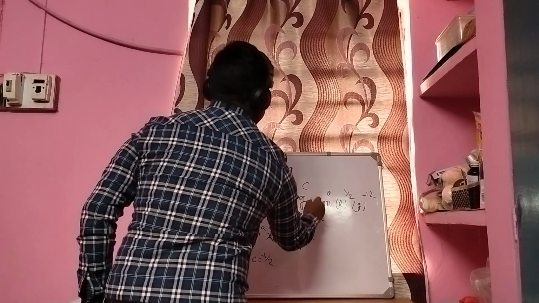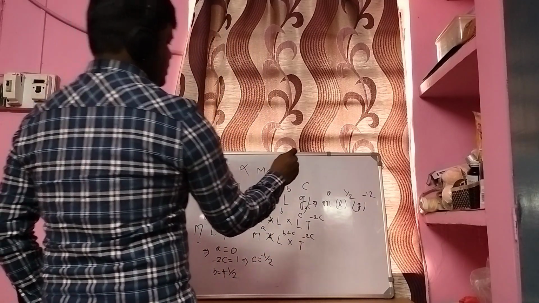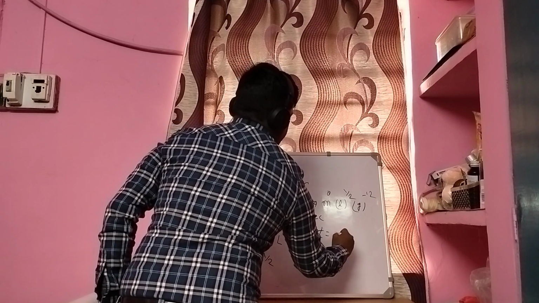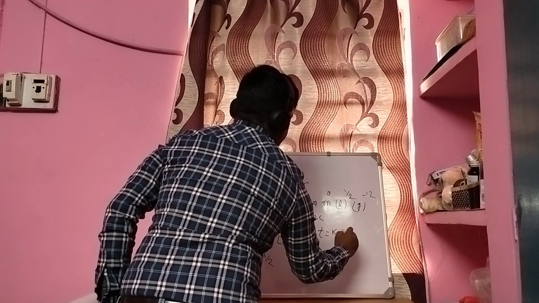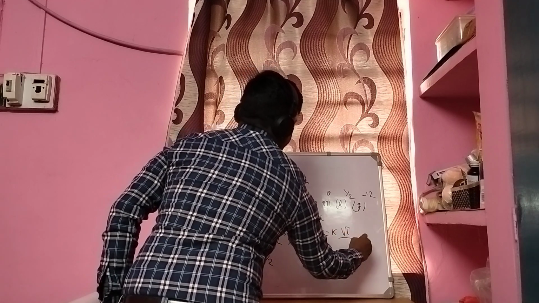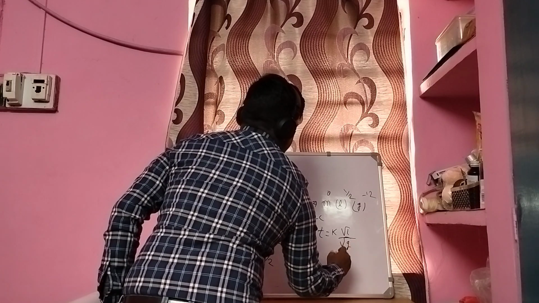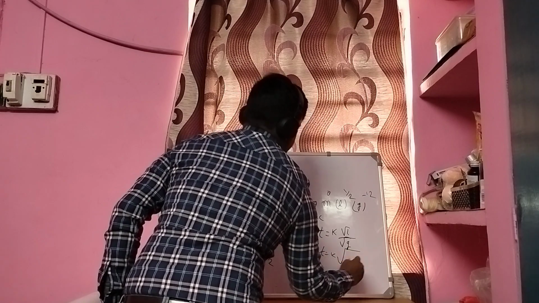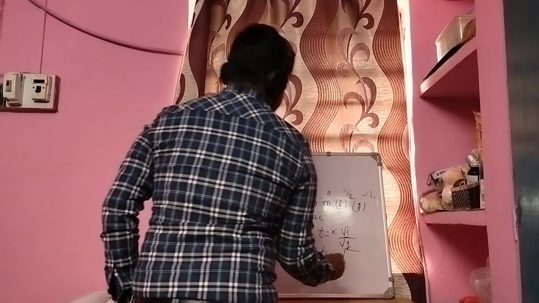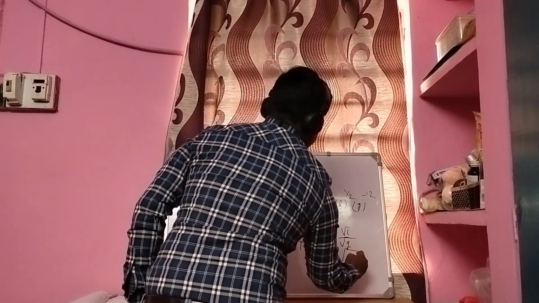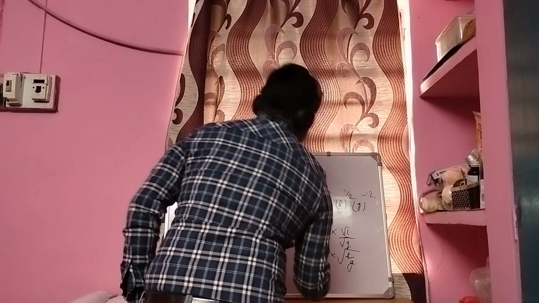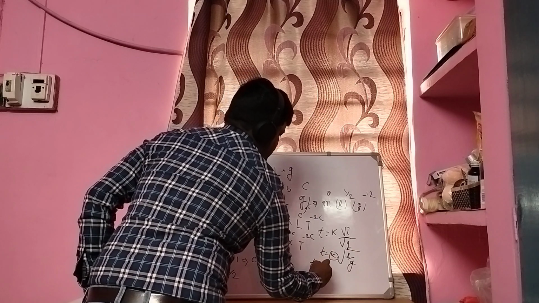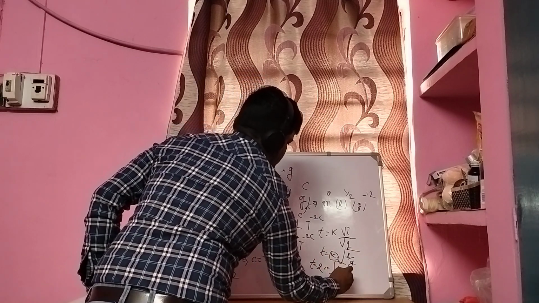So understood, this is the time period. Suppose it is proportional, then it may be constant k under root l divided by under root g. So time period is k under root l by g. When we learn oscillation, we understand that k is 2 pi, t equal to 2 pi under root l by g.